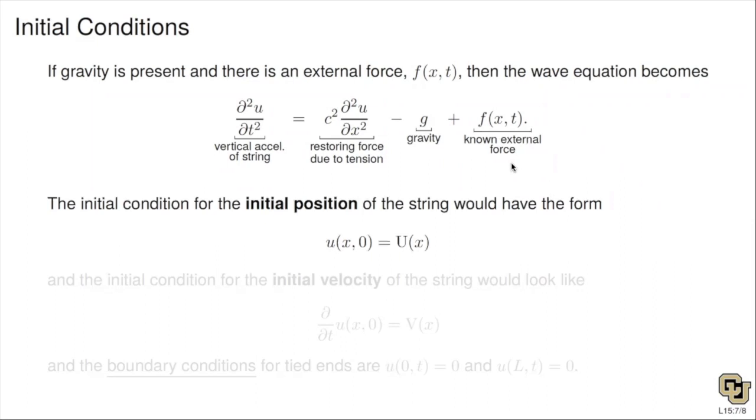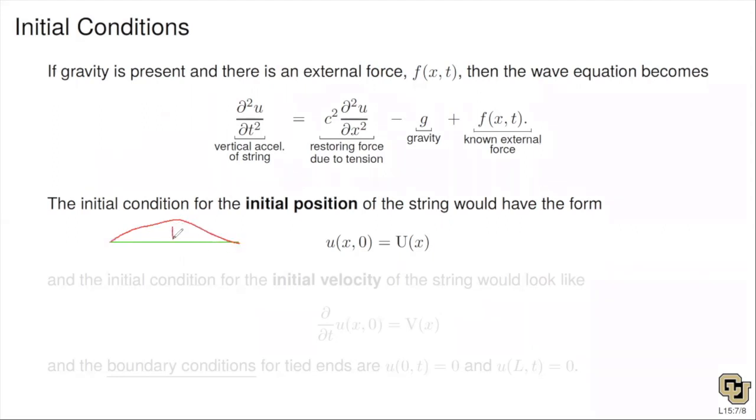An initial position. So think about, for the rod, we had an initial temperature. Now when t equals 0, that's the initial position of the string. If no one's messing with the string and you just tie the string and walk away, then the initial position will be that trivial equilibrium. Otherwise, we could do an initial position where we say, okay, let me slightly pull the string up in the middle, for example.